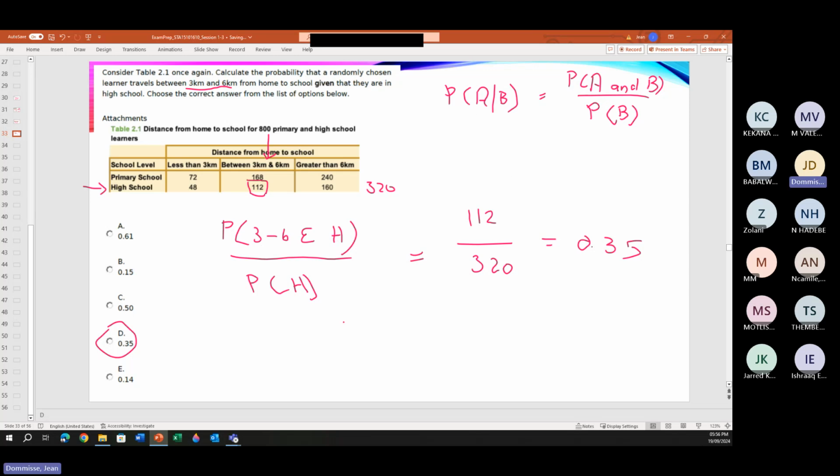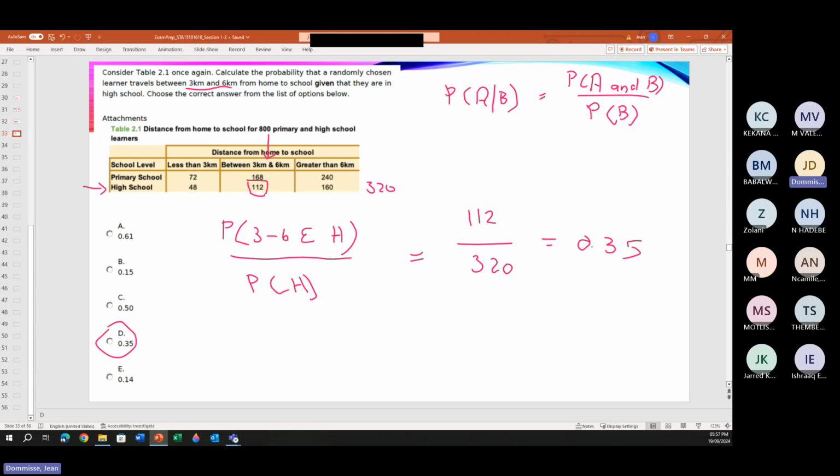And the given is at the bottom, so given high school. That is how we got to 112, which is the and, divided by the probability of high school, which is the 320.